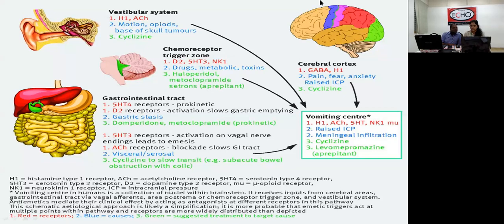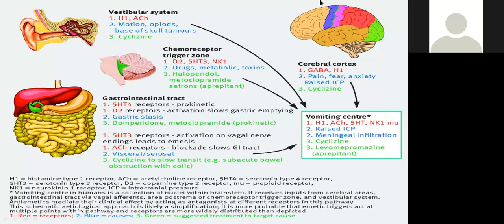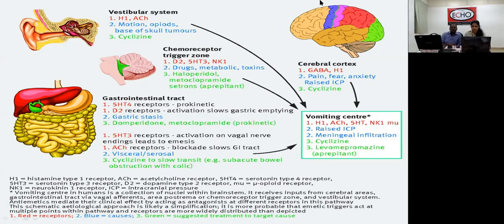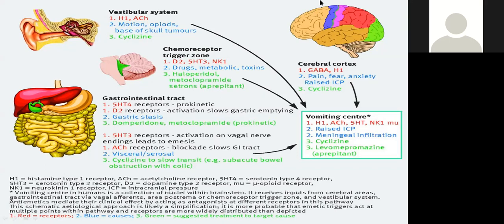Metoclopramide. Metoclopramide can be given second line, but both are written at the top. Which is the strongest D2 blocker? It is written at the top, and the chemoreceptor trigger zone is near to that. It's haloperidol. So haloperidol is the drug of choice when we go for metabolic causes.